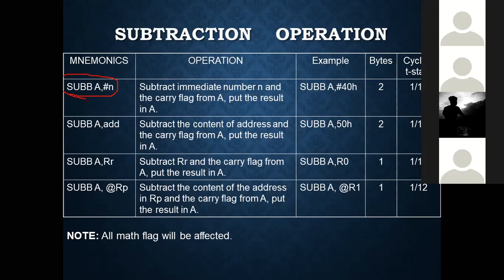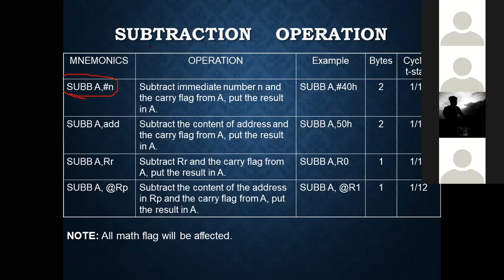This will be subtracted from 79H, and that will come to 34H. This 34H result will be stored into the A register. The content of the carry flag will not be affected because there is no carry or borrow occurring.